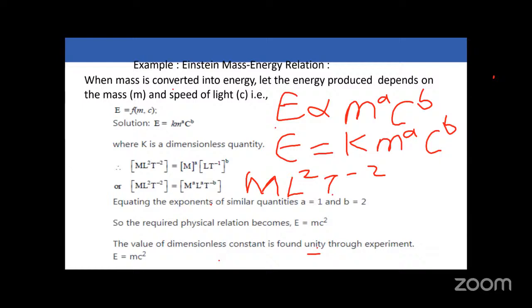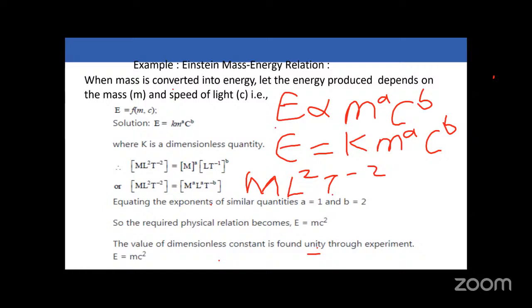It has the same dimensional formula as work done. Energy and work done have the same dimensional formula.